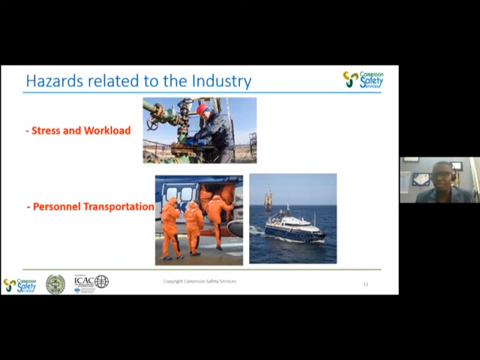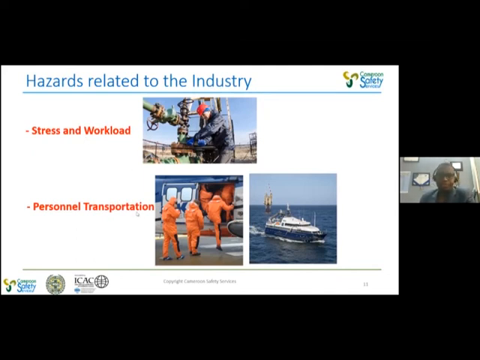So working under the influence of stress can also be a source of danger, because it enables the person not to be focused on the job and can do something wrong. So this is also a hazard, and I think a lot of measures have been taken in order to prevent such hazard related to either stress or workload.